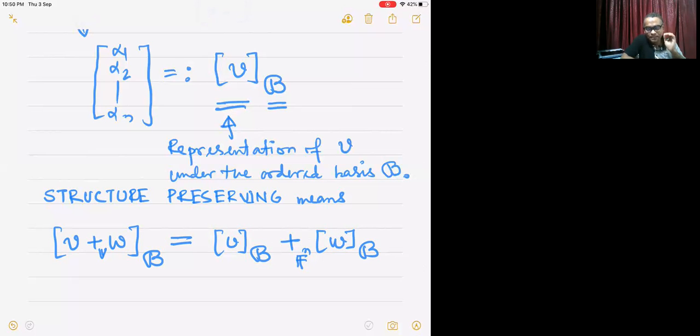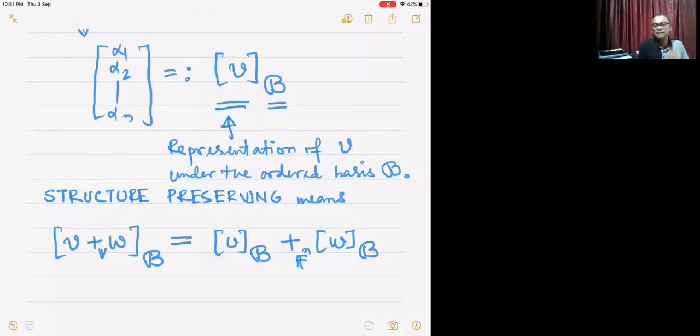So this means, in words, for a finite dimensional vector space with an ordered basis, the vectors in it can actually be literally treated as columns of numbers. No difference whatsoever. What we have to do is just the representation.